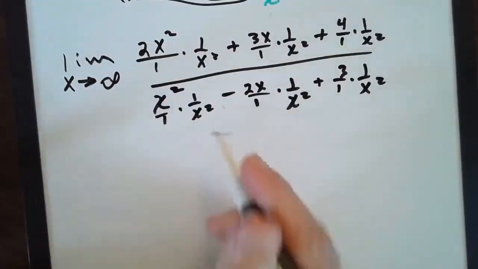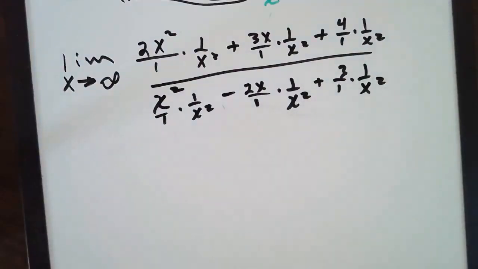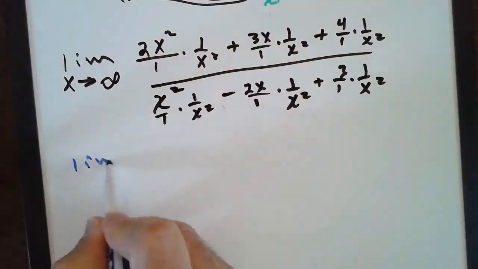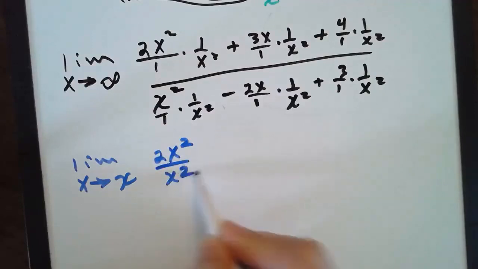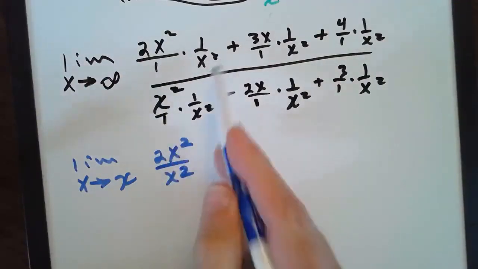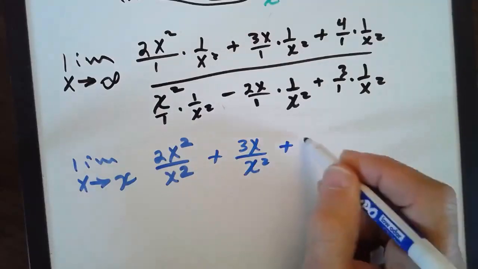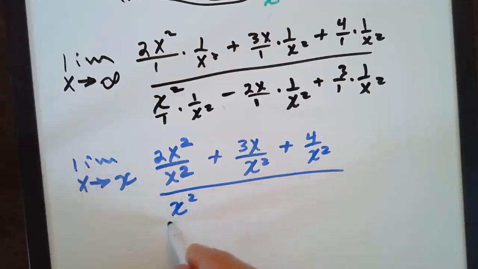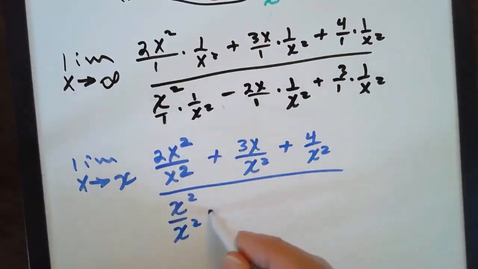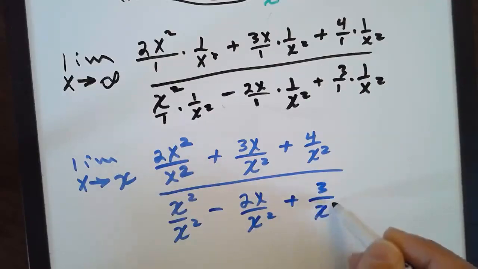I'm just showing this, that what you have here now is the limit as x approaches infinity of 2x squared over x squared, plus 3x over x squared, plus 4 over x squared, over x squared over x squared, minus 2x over x squared, plus 3 over x squared.